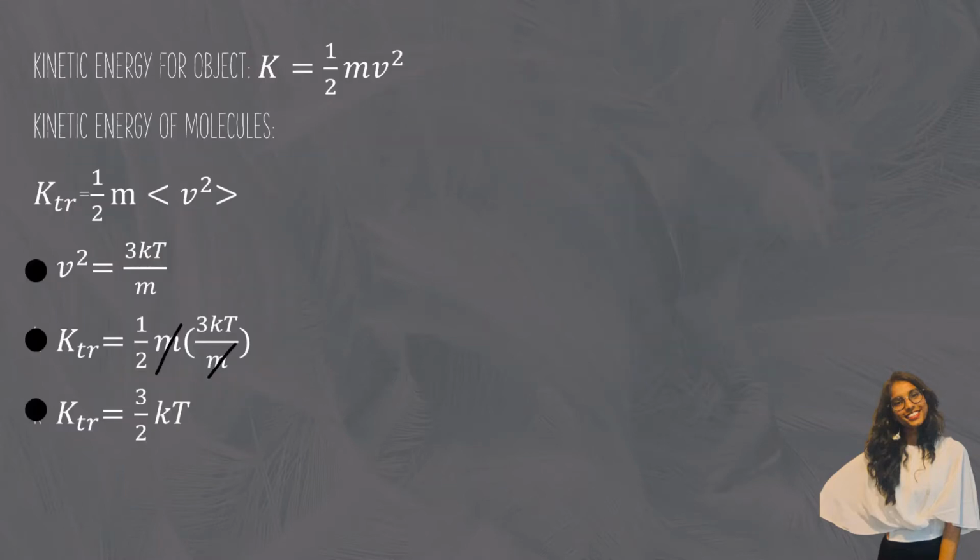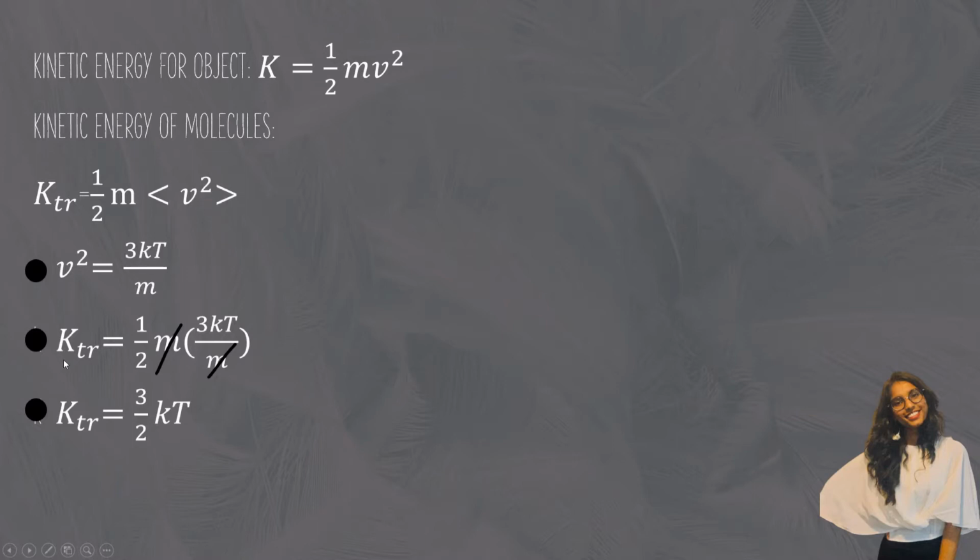So next, the kinetic energy of any object is K equals 1 over 2 mv squared. But for the translational kinetic energy of a molecule, K equals 1 over 2 m times the mean square speed. We all know that the mean square speed is also equal to 3kT over m. So we can substitute this equation into this.